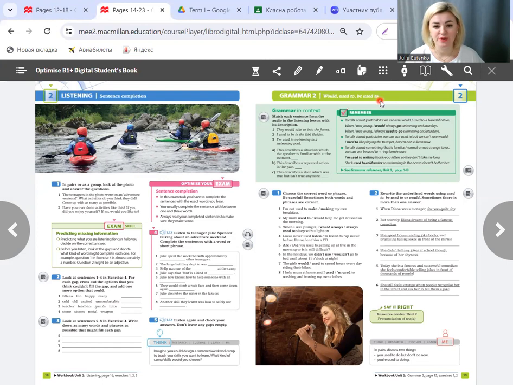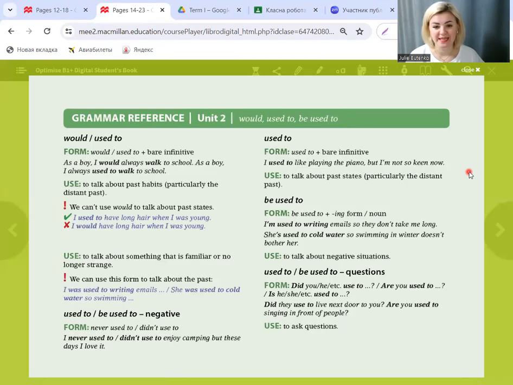And I remind you that all the grammar rules are at the end of our book. Let's open it and look at these rules. Would and used to. Form: would and used to plus bare infinitive. For example, as a boy, I would always walk to school.